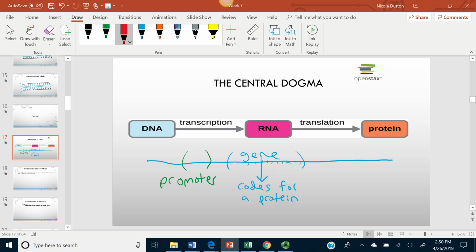And then at the end of the gene, we have a termination sequence. So when we make a copy of the gene, we copy a little bit of the promoter region, and then we copy a little bit of the termination sequence. And when we make this copy, we make a copy called messenger RNA.